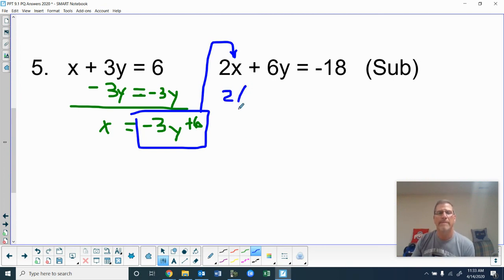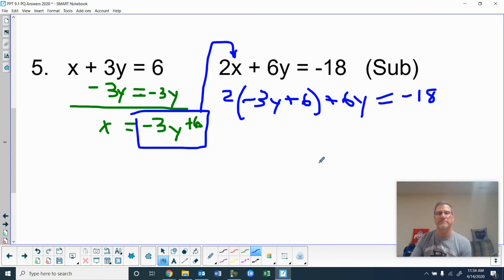So it's 2 times negative 3y plus 6 plus 6y. My hand's getting tired, sorry, using the mouse. All right, so that's what it looks like now after I substitute, distribute the 2.